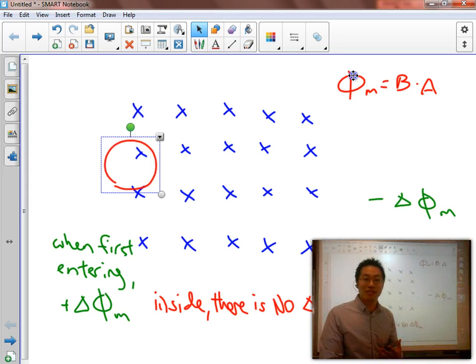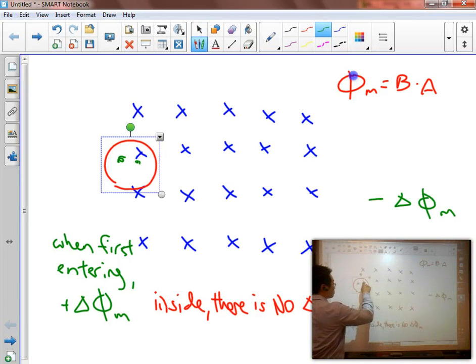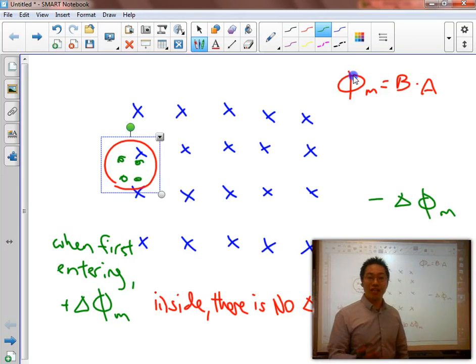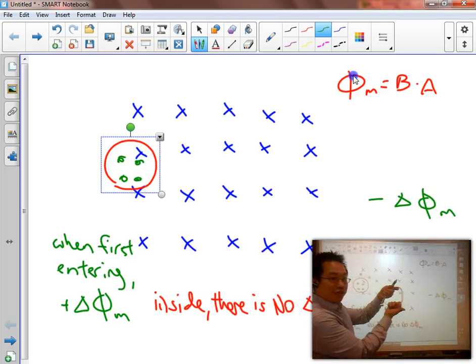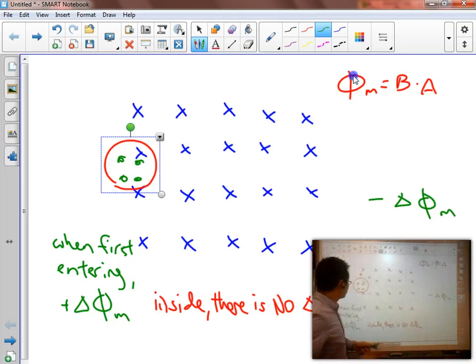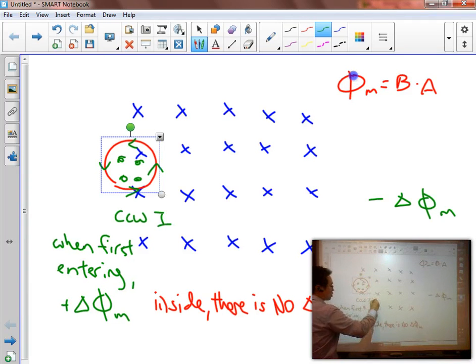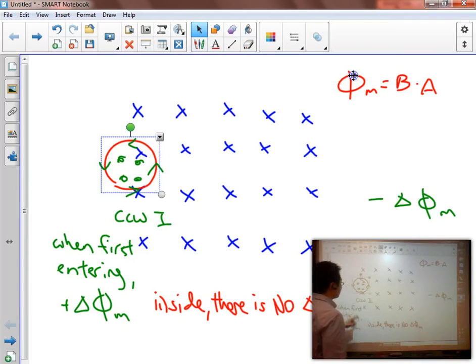That means that the loop is going to try to resist it and create its own magnetic field in the opposite direction. So if you use your hand rule, and the field is coming out of the page, you can see that your thumb is going to be pointing to the right over here at the bottom, which means that we end up with counterclockwise current when the loop first enters the field.